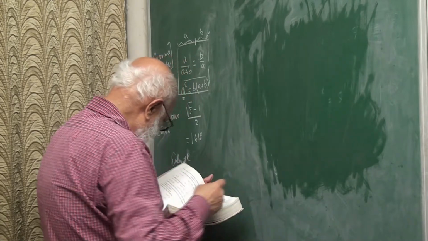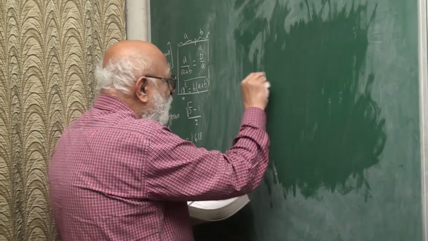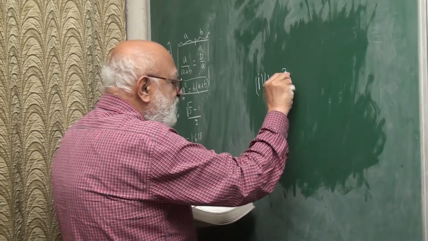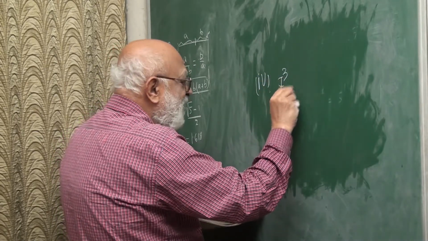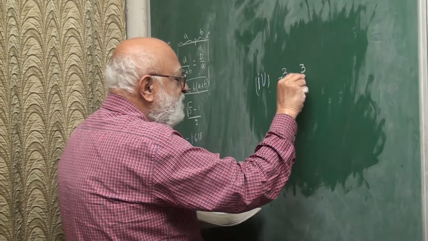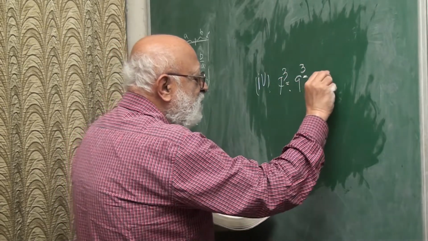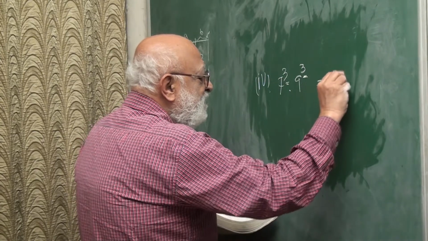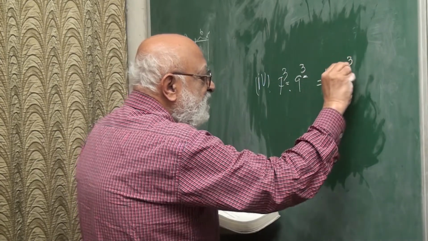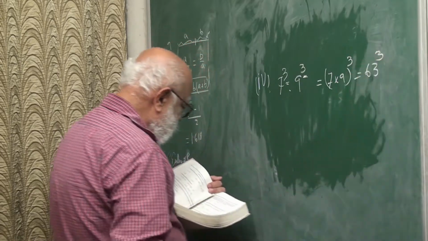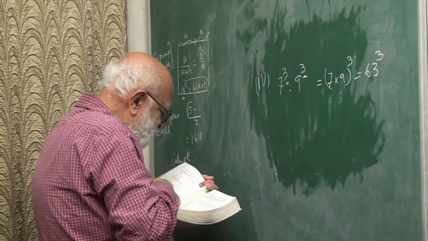That would be your number 4: 7 cubed into 9 cubed. So these powers are the same. So what I can do is 7 into 9 to the power 3, that is equal to 63 to the power 3. So these are simple and easy to understand.